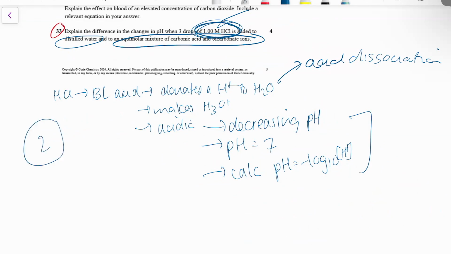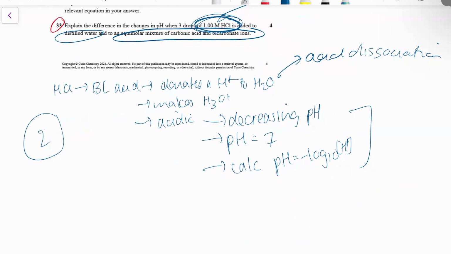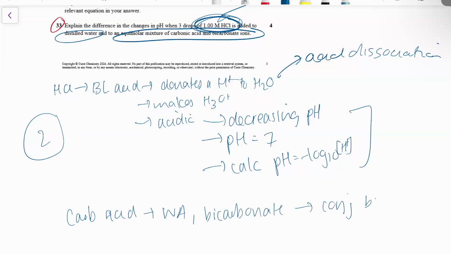And then your second 2 marks comes from carbonic acid. For us to talk about it resisting the change in pH, we have to tell the marker that it's a buffer in the first place. And for it to be a buffer, it has to be a weak acid and its conjugate base. So we have to set up that picture first. So carbonic acid is a weak acid, and bicarbonate is the conjugate base.